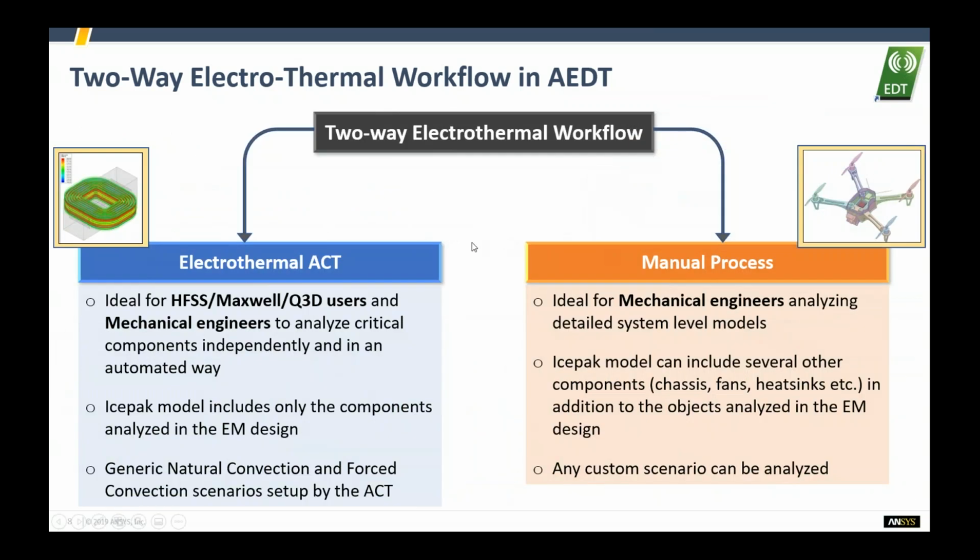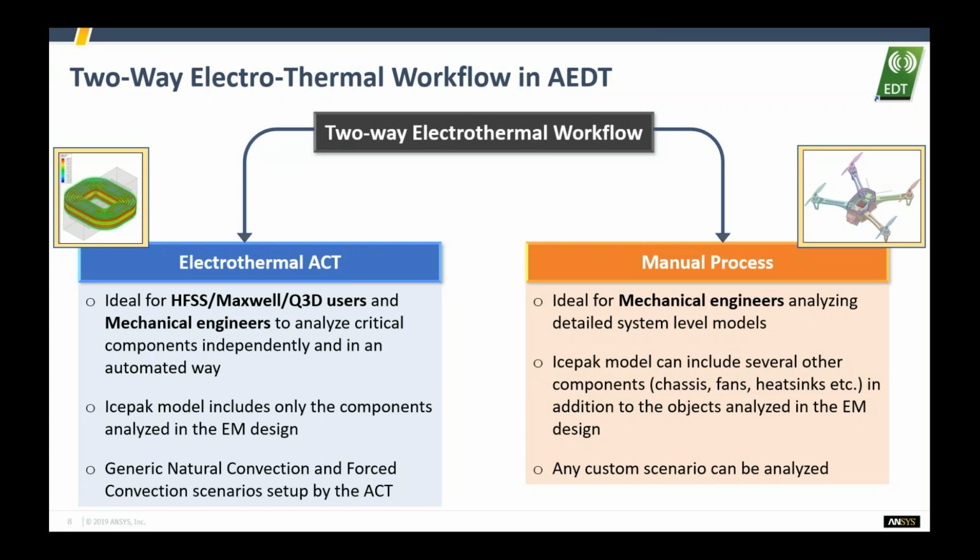So there's two approaches to this two-way electrothermal workflow. We can either use the electrothermal ACT, which is what I've been introducing all along. That will be a little bit more automatic, as opposed to there's also a manual process.